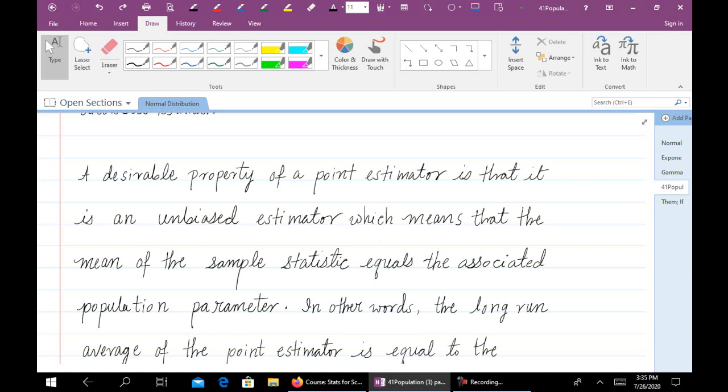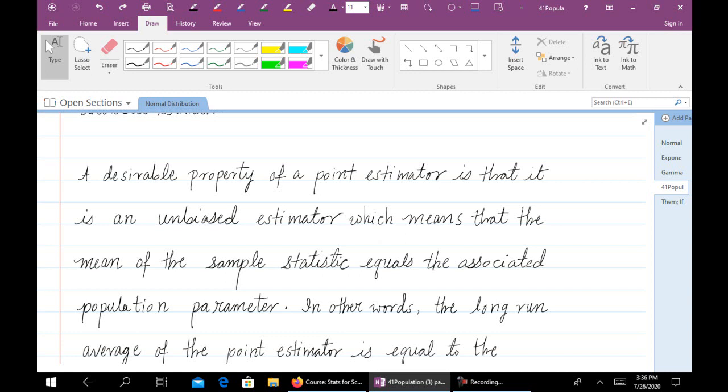So in the example of height, we are using sample mean height as an estimator of the population mean height, and we want sample mean height to be an unbiased estimator.